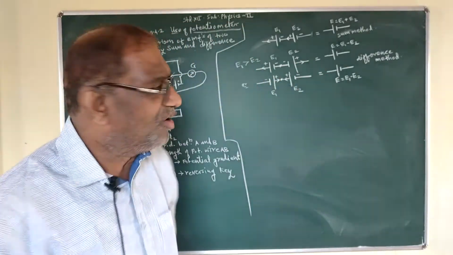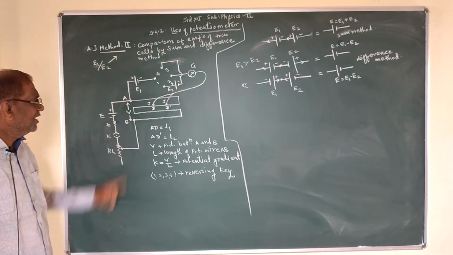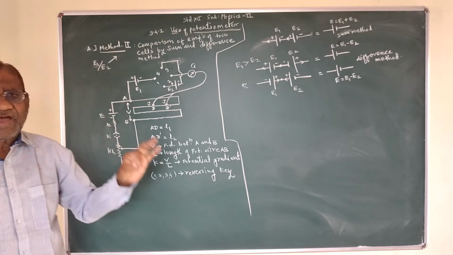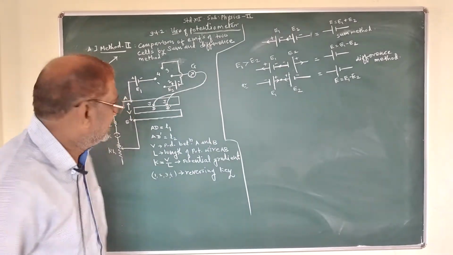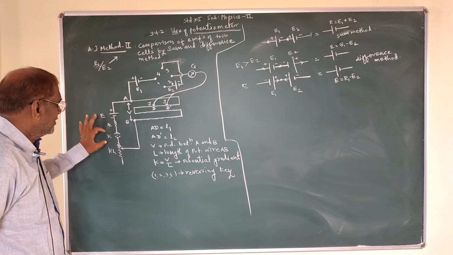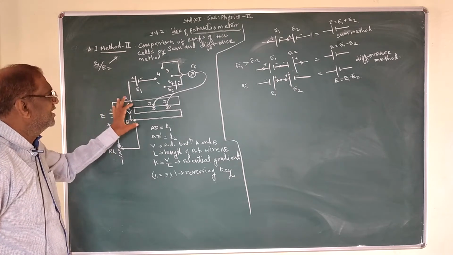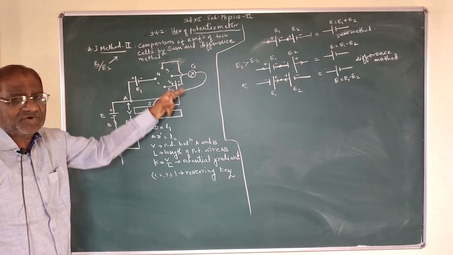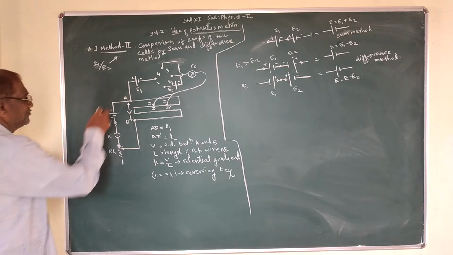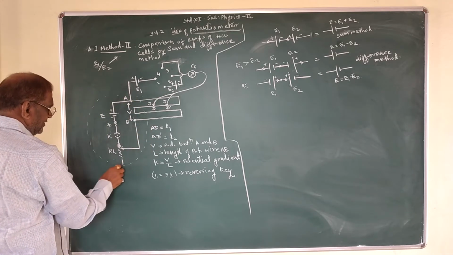The electrical connection for the comparison of EMF of two cells by sum and difference method is that AB, a long potentiometer wire having finite length, is connected in series with battery eliminator, plug key and rheostat, by which we can pass steady electric current through this potentiometer circuit. This is the primary circuit.